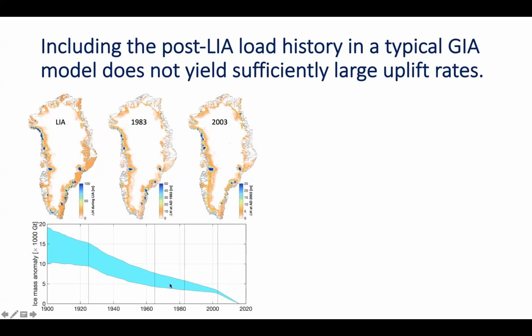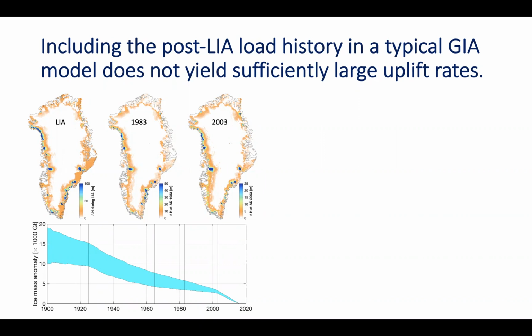And here you can see the time series of mass changes. Specifically, there was a relatively large rate of mass loss in the period between the 1920s through the 1960s. And it primarily comes from the contributions from the peripheral glaciers rather than from the ice sheet.